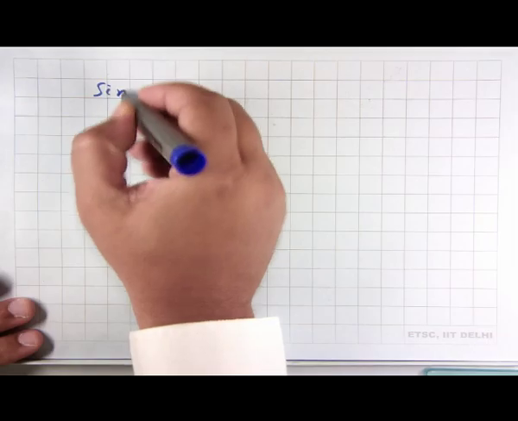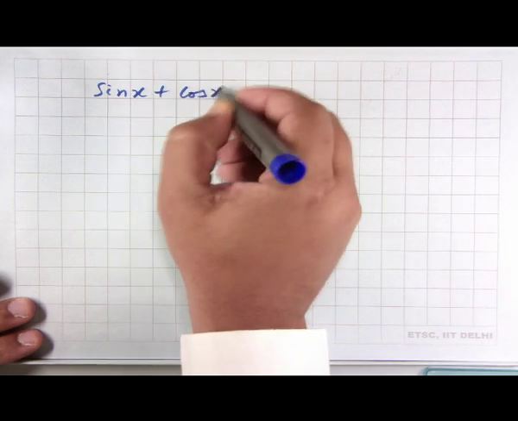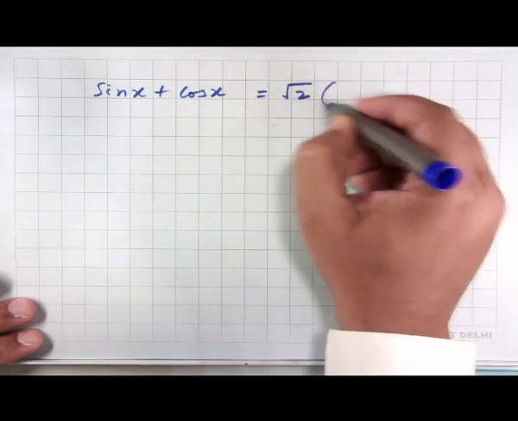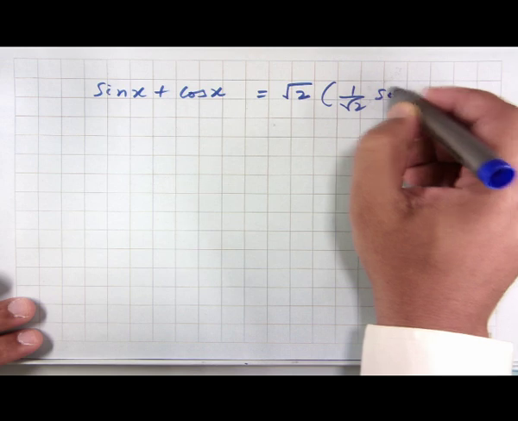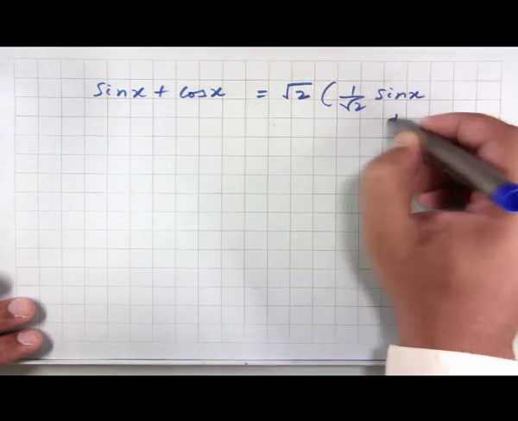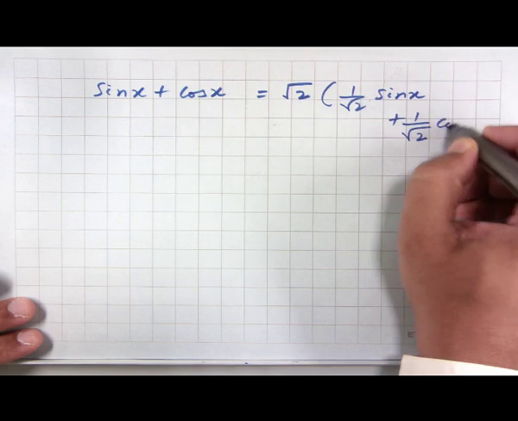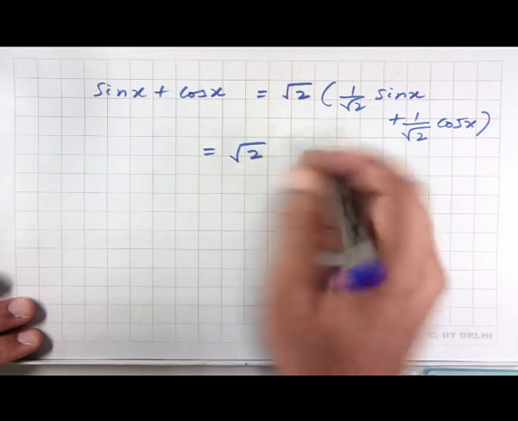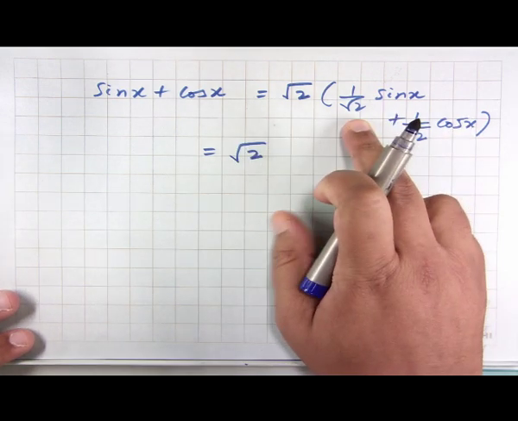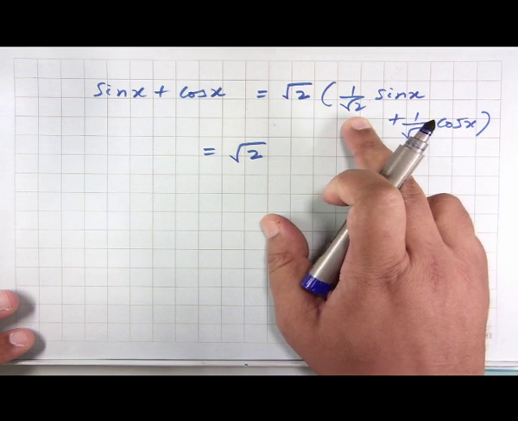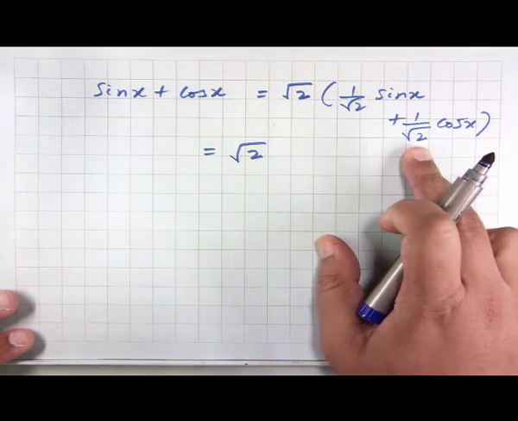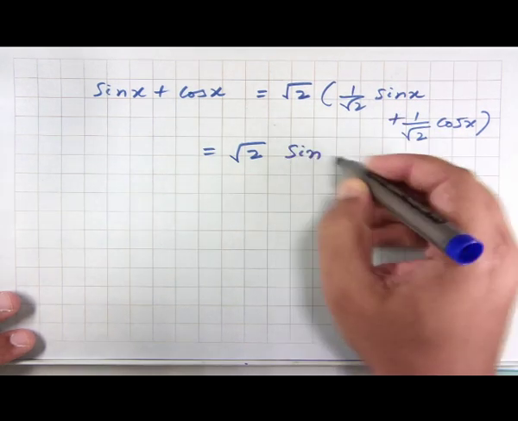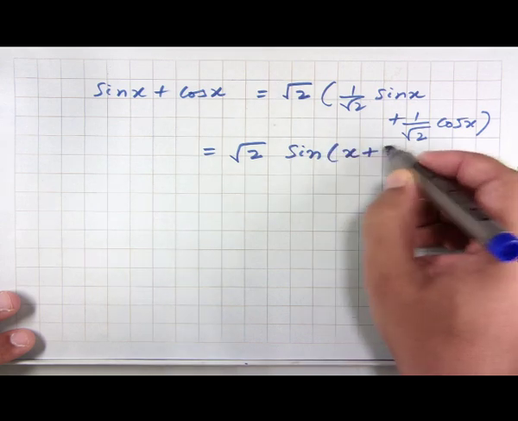Now, sin x plus cos x is equal to root 2 times 1 over root 2 sin x plus 1 over root 2 cosine of x, which is equal to, so again we can write 1 over root 2 as cos of pi by 4 and the 1 over root 2 here as sin pi by 4. Therefore, this whole thing simplifies to sin of x plus pi by 4.